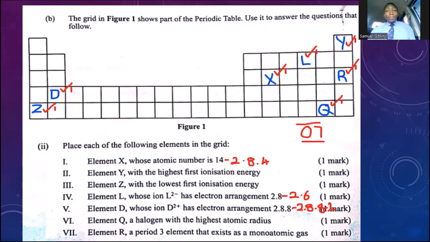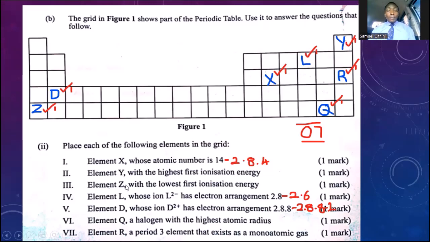So what does that mean? The elements that have the highest ionization energy, that cannot easily lose electrons, are in group 8. And the one that has the smallest atom is the one with the highest ionization energy. So the element Y is helium. Actually, if you consider the whole periodic table, helium is the least reactive. It cannot gain or lose an electron that easily.